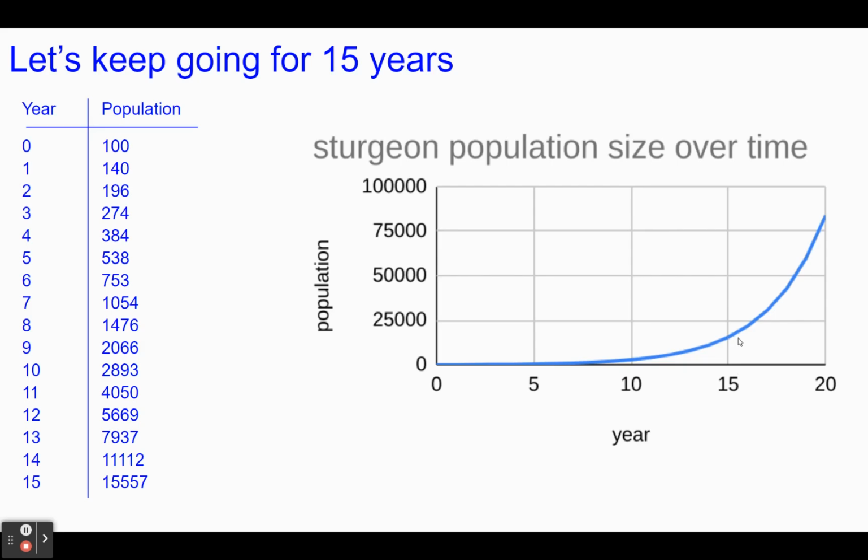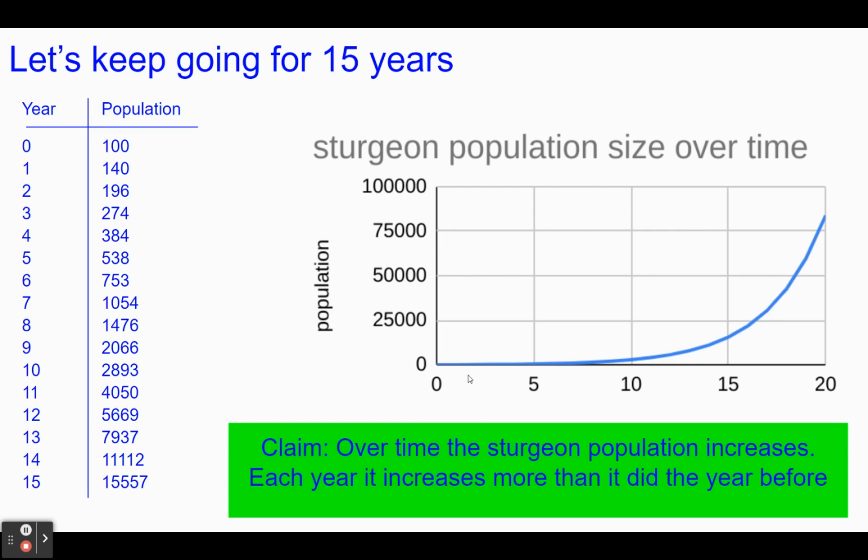Let's say I extended this all the way to year 20. By then, we would have up to 75,000 fish in 20 years from a population that started at just 100 sturgeon fish. That's an incredible increase.